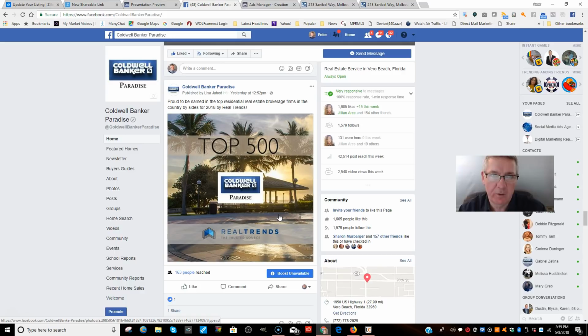ZAP, CBX, the magic is coming tomorrow, Wednesday the 9th, where the Facebook Pixel is going to be available, and you can install that in your ZAP site. I'm going to post something later about that, but that means we're going to be able to take these thousands of people, and even if they don't register, we're going to know who they are and know that they've been on our site, and we're going to then be able to say, let's send them some more information about properties they may like, because the Facebook Pixel is going to record and notify us about who is actually visiting our ZAP site.